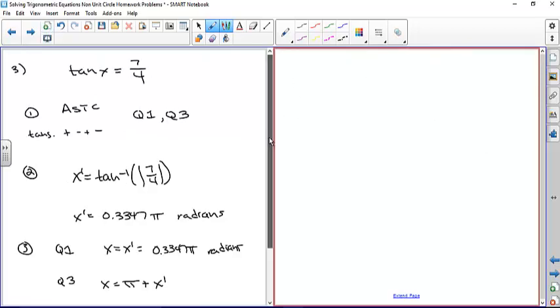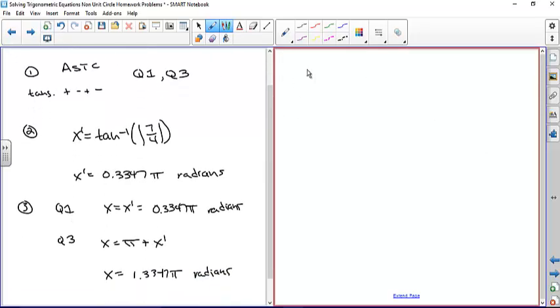So there's two ways of doing this. To get step 4, we'll use the same procedure here as the sine and cosine, and then we'll do it just using the special case for tangent. So my two solutions are, there's my first quadrant solution.